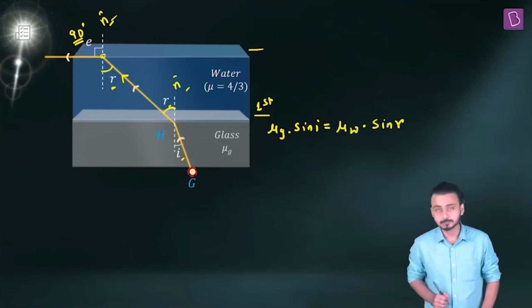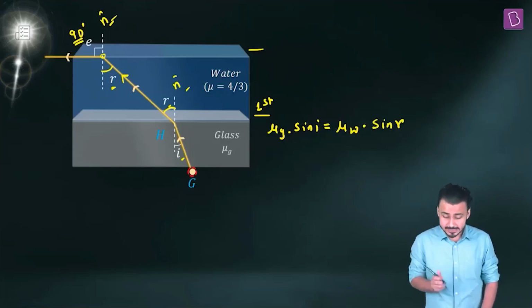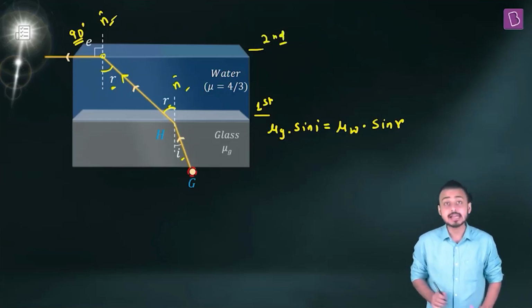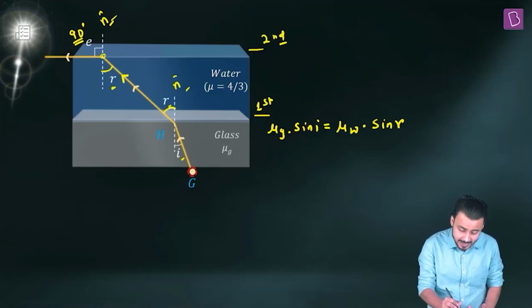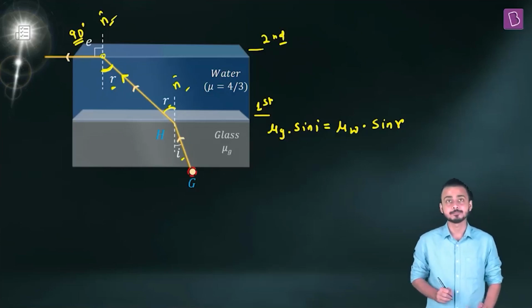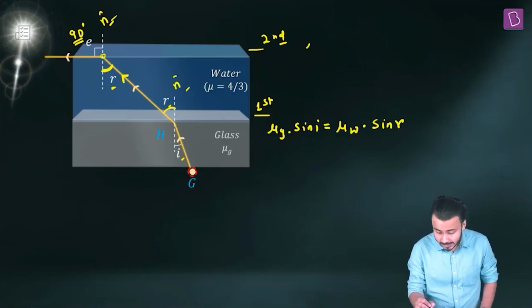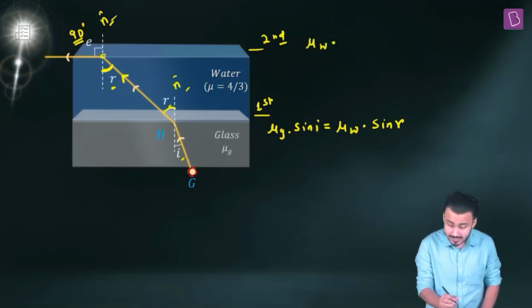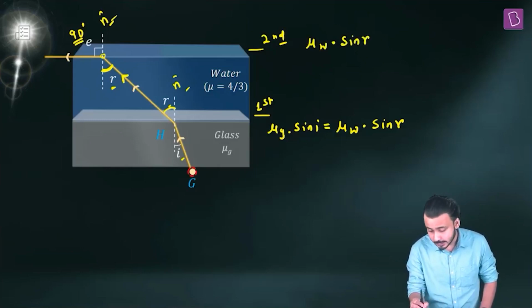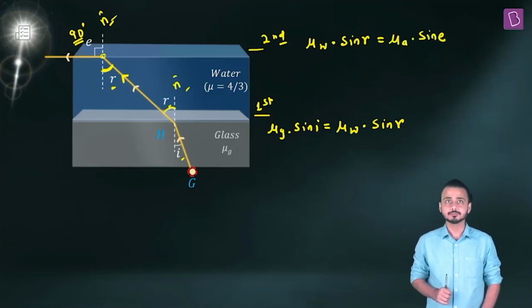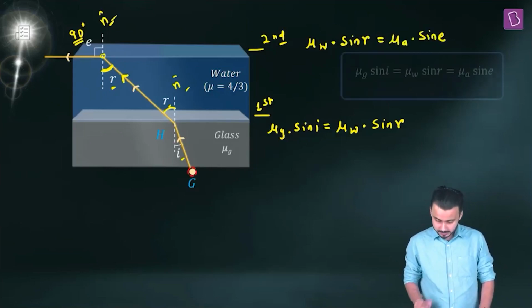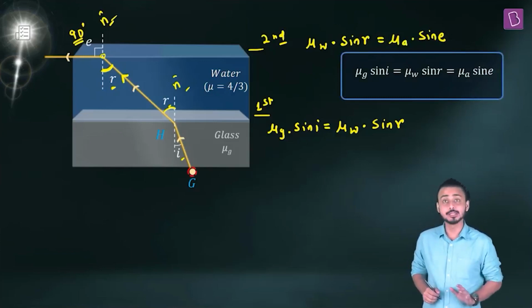Now for the second refraction, this is the incident ray and this is the angle of incidence. Applying Snell's law, mu water into sine of the angle of incidence, sine R, is equal to mu air into sine of the angle of escape.